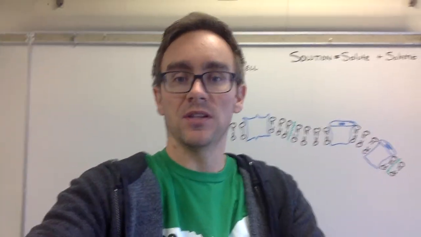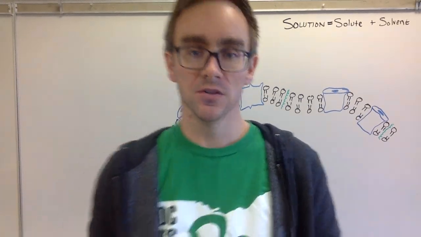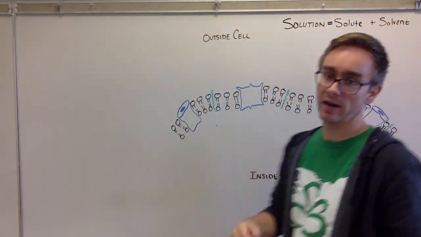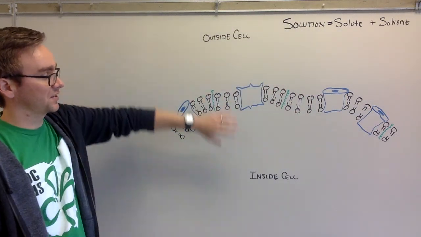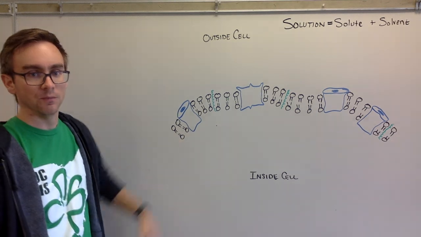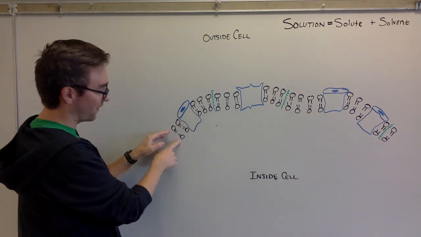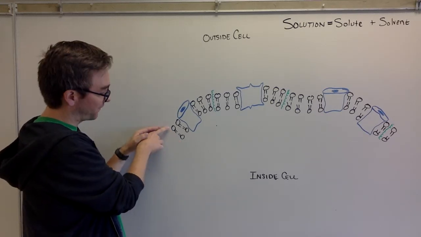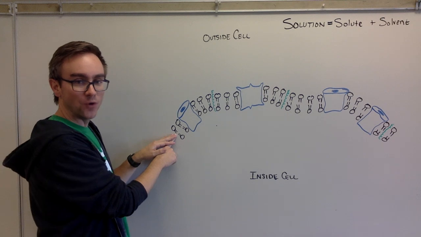But for right now, let's start talking about our first way that things can go across the cell membrane. So let's recap a little bit of what we have with our actual membrane here. In this case I have the outside of the cell and the inside of the cell. Remember, that cell membrane, that fluid membrane, is made up of phospholipids, where we have that hydrophilic head and the hydrophobic tails.